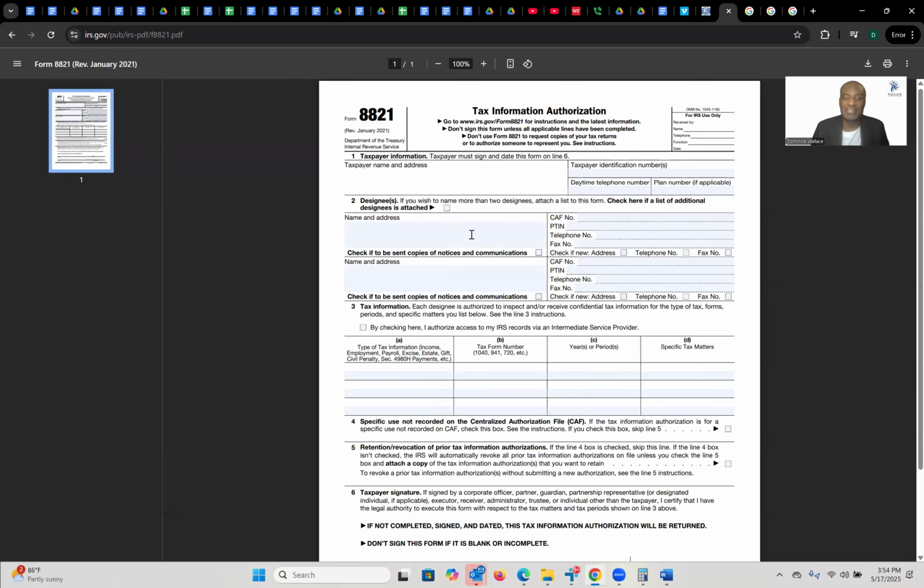And then the designee would be the individual or company, and so forth, that is getting that information from you. So one of the questions will be, what is this CAF number or this PTIN number? These are numbers that the designee will have on their behalf that they have to have with the IRS in order to receive your information.